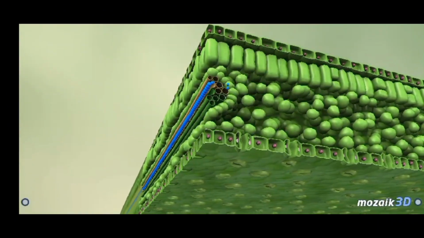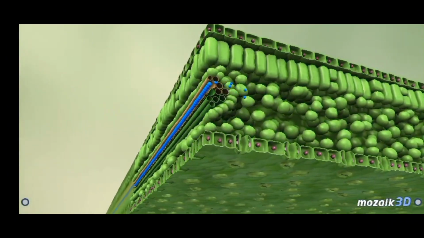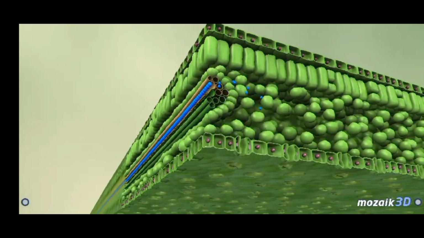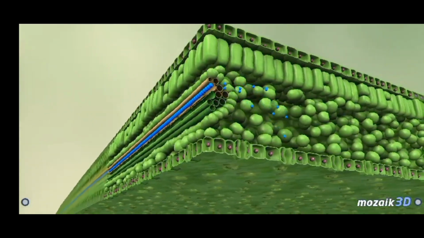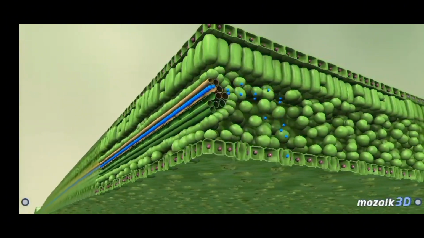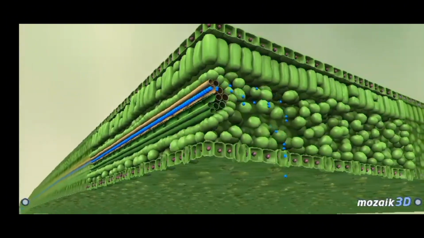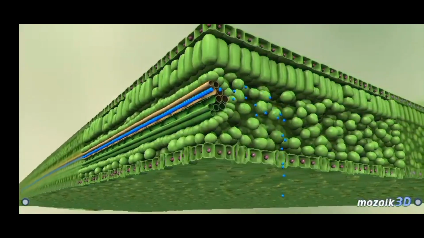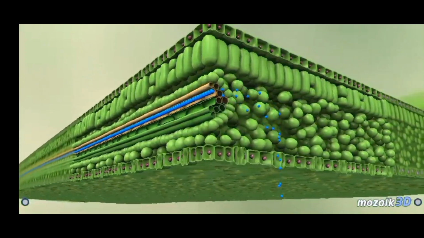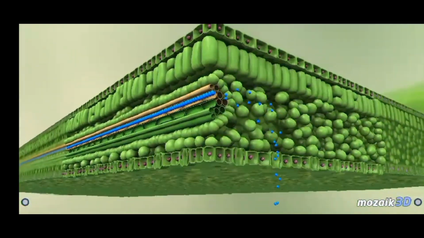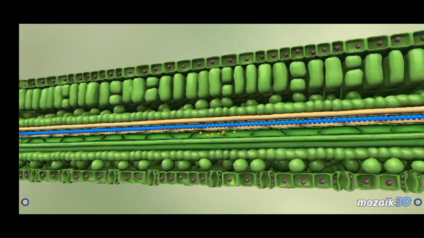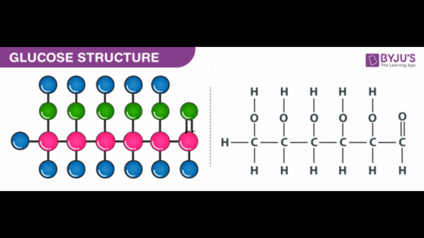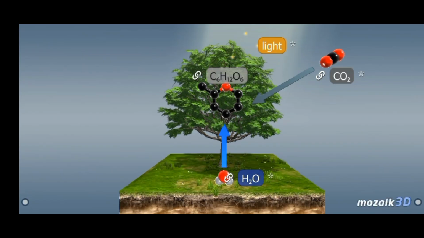It is the leaf of the plant which makes food. Of light.